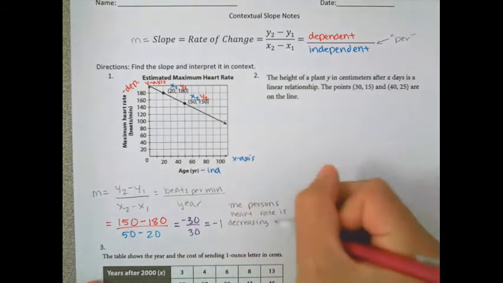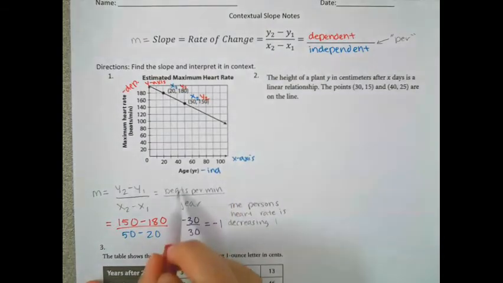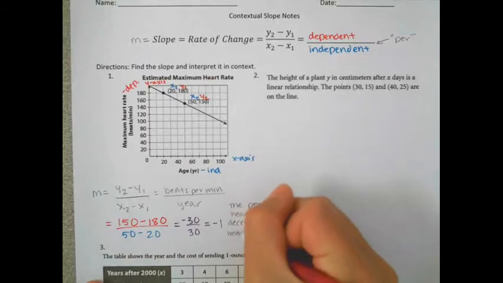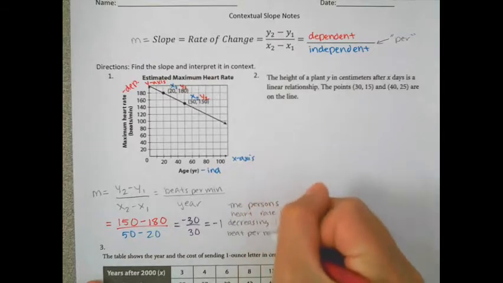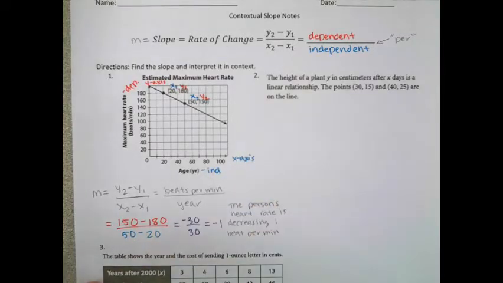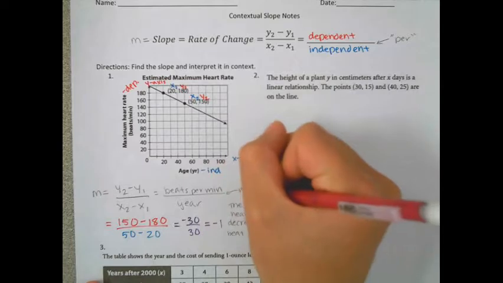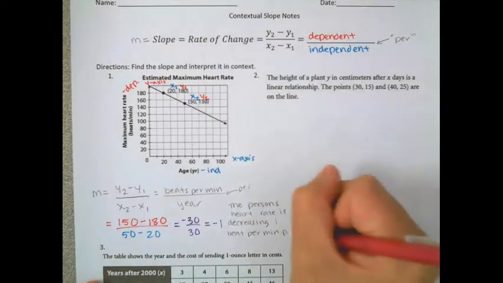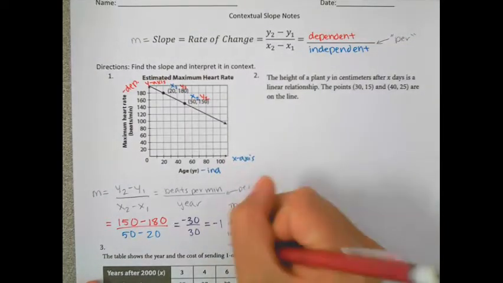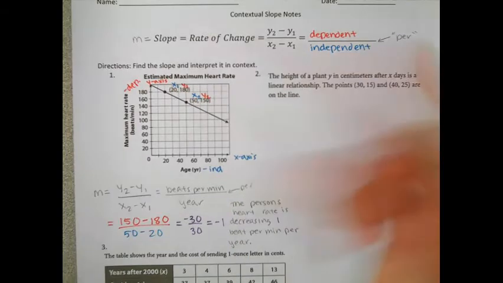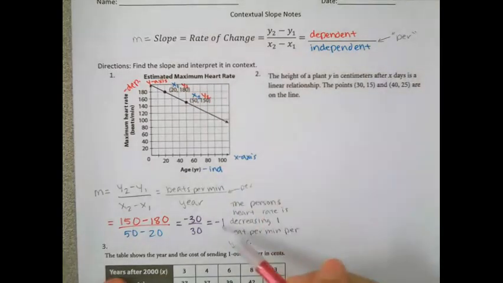And we're going to say it's decreasing 1 beat per minute. And then we're also going to, again, see this division bar as per: 1 beat per minute per, again, year. The 1 coming from the slope here.